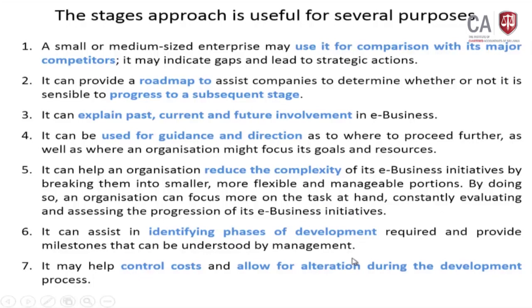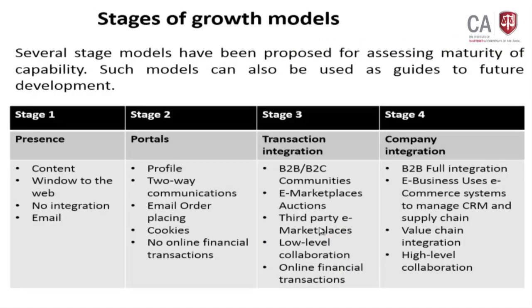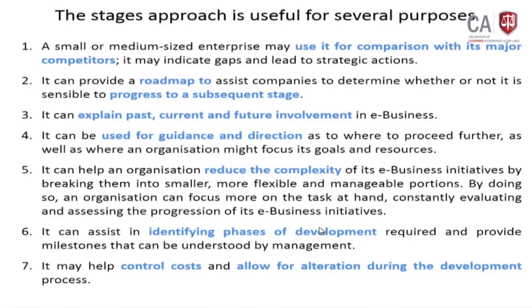So milestones can be identified by the management to control cost. It also allows for alteration during the development process. In the development process you can make many changes, so cost can also be controlled. Those are the useful information. You can get an idea about the stages of growth from this information.